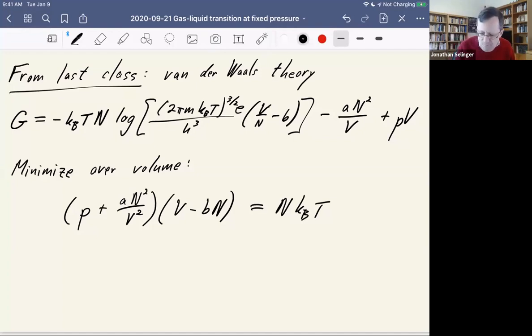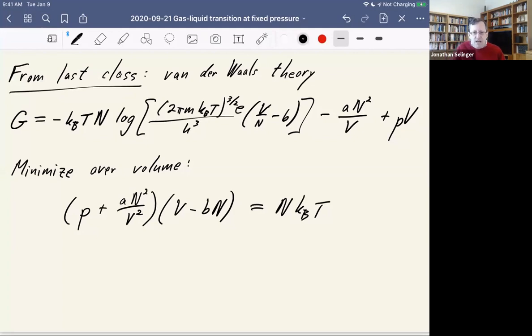So you remember how we left things in the last class, right? That we worked out this van der Waals theory for the interacting gas. And that theory was based on putting two kinds of effects into the interaction between molecules.